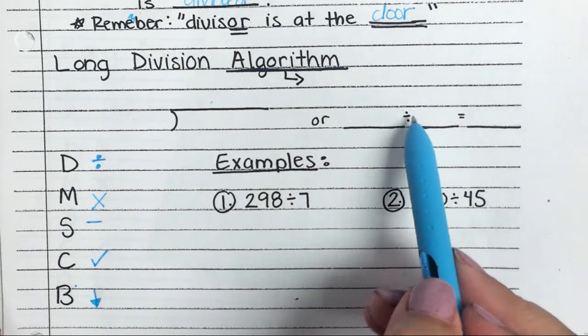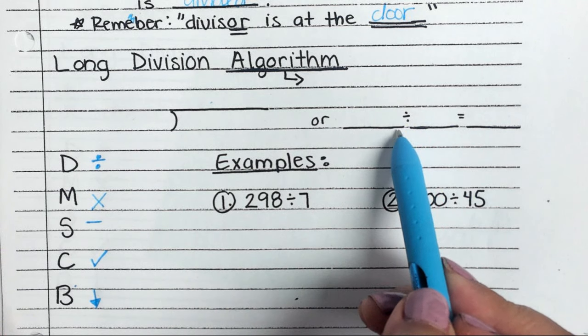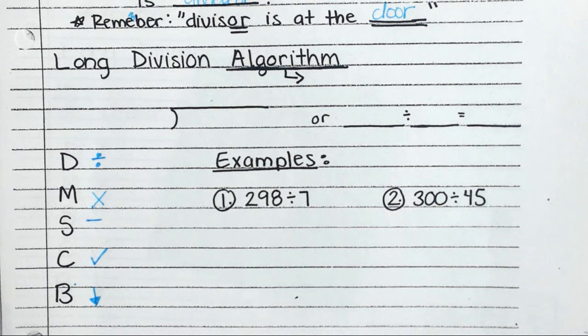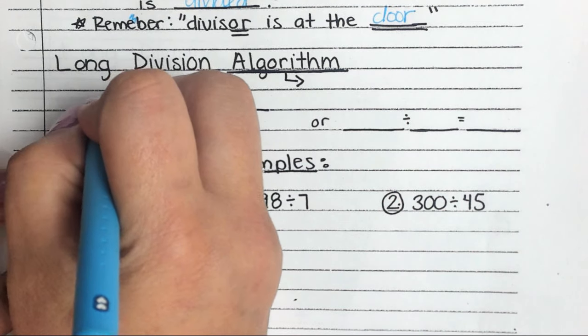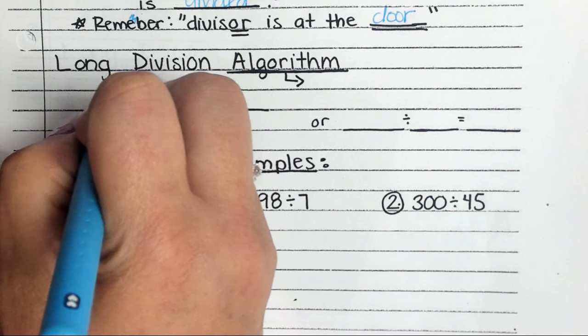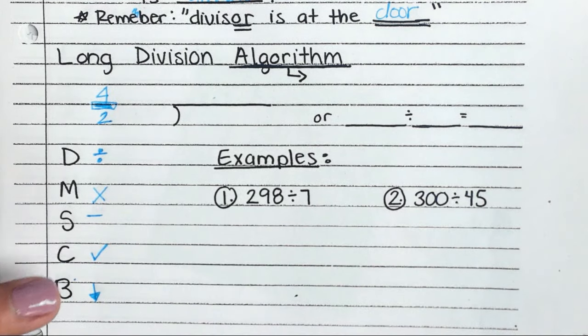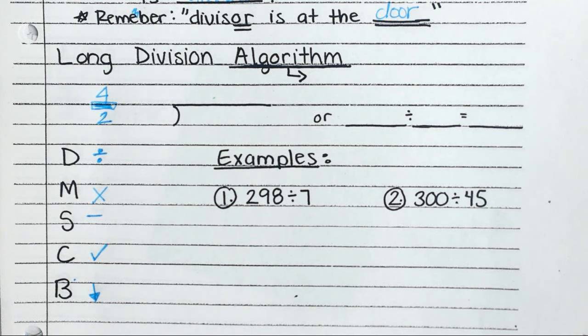What if I were to replace these 2 dots with numbers? A fraction. Guys, a division is also represented with fractions. Let's say I have an improper fraction of 4 over 2. What is 4 divided by 2? 2. Well, if I have an improper fraction, 4 over 2, which is 4 halves, that also represents 2.